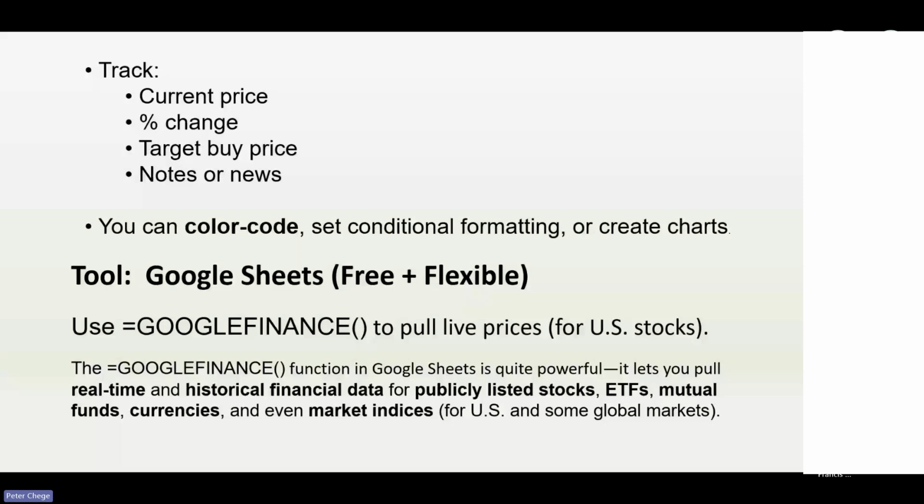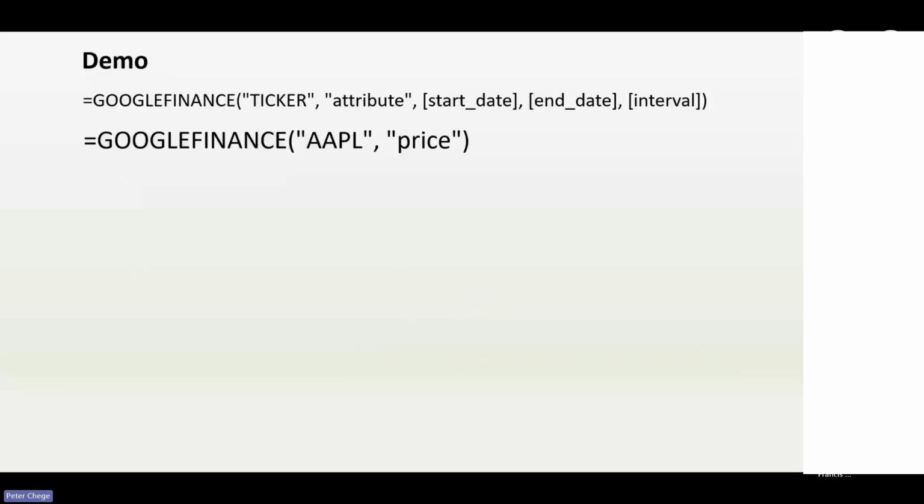So we'll do a demo of how you can put prices. The way the Google Finance formula works is you put the ticker. Ticker is the security code or the symbol of that counter. Then attributes. What do you want to put? Prices, it could be last traded price. Then you can put start date and end date.